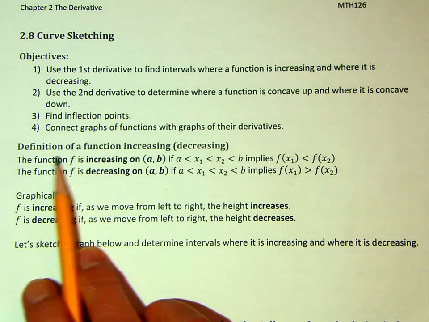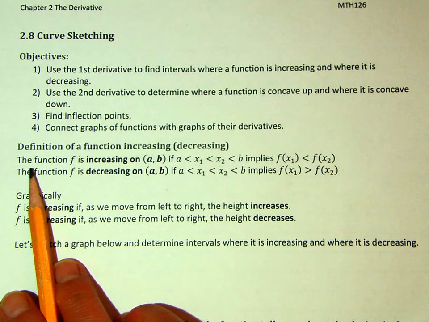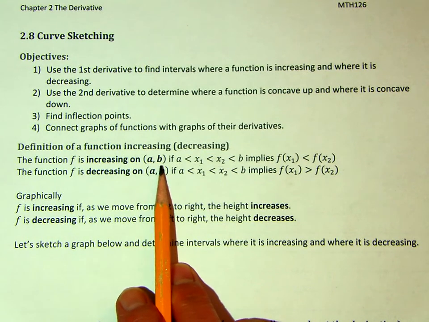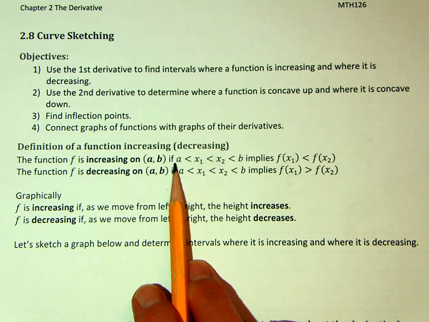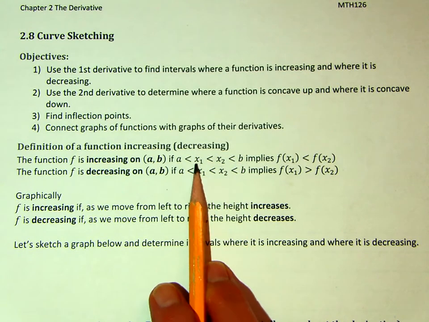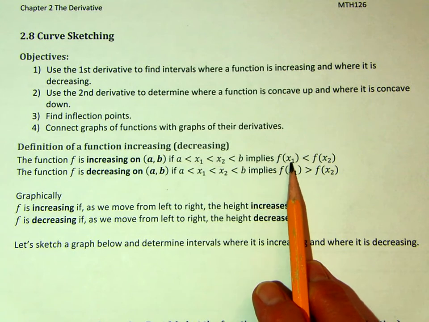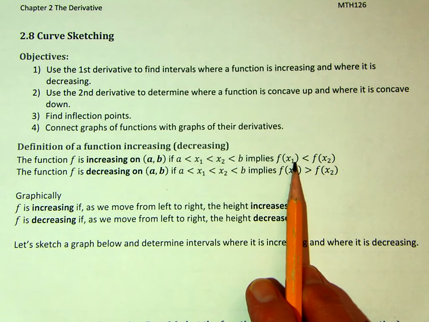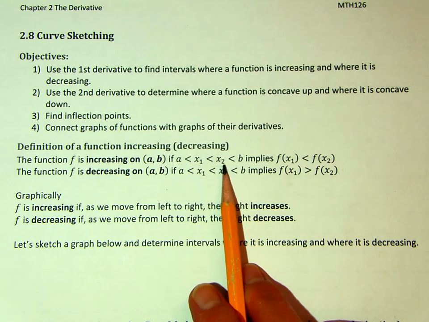The definition of a function increasing or decreasing follows. The function f is increasing on the interval from a to b if, given any 2 points in the interval, the function evaluated at the smaller value of x will be less than the function evaluated at the larger value of x.